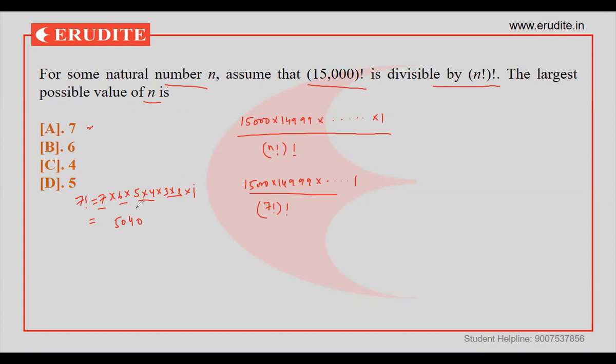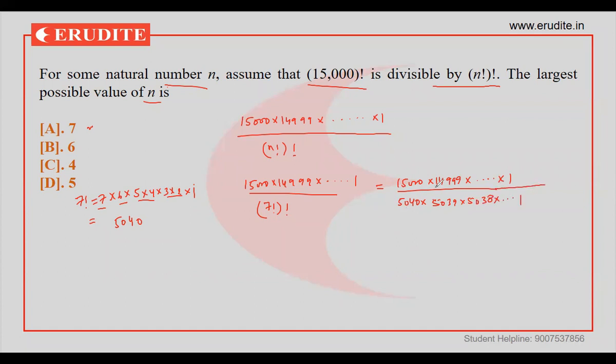So if I put it here, 15,000 into 14,999 down to 1, divided by 5040 factorial. If I replace 7 factorial with 5040, outside is factorial. 5040 factorial is nothing but 5040, 5039, 5038 till 1.